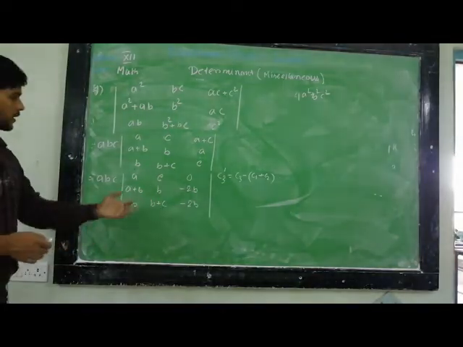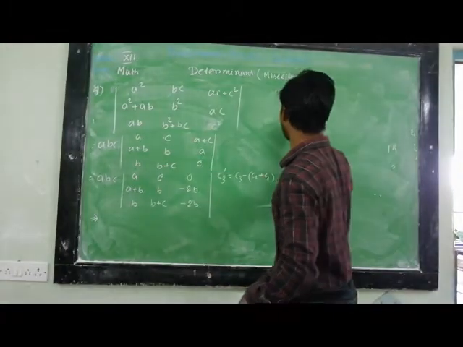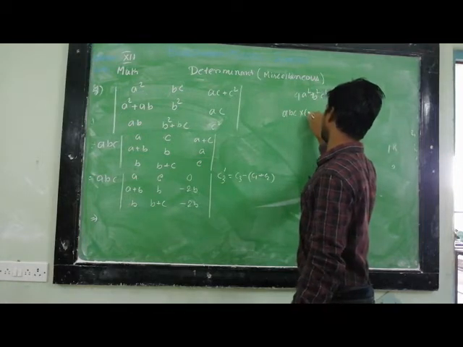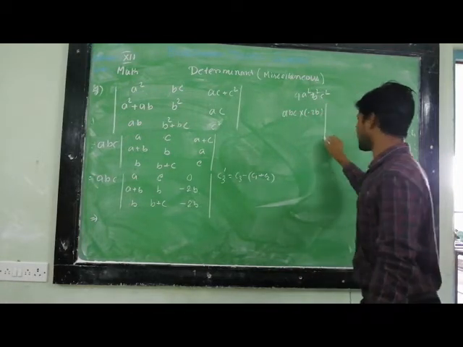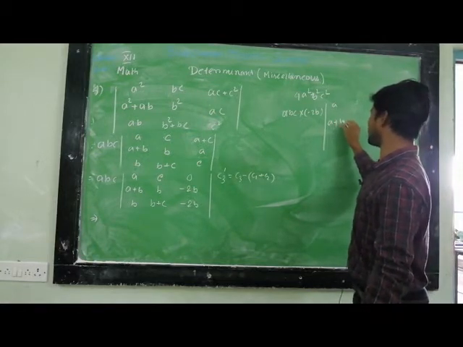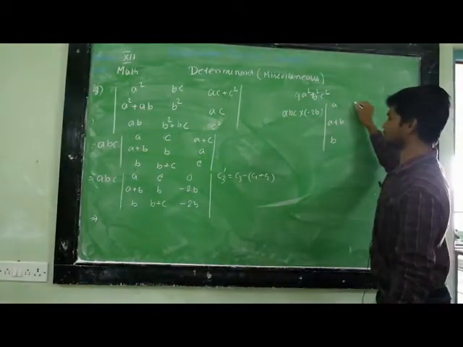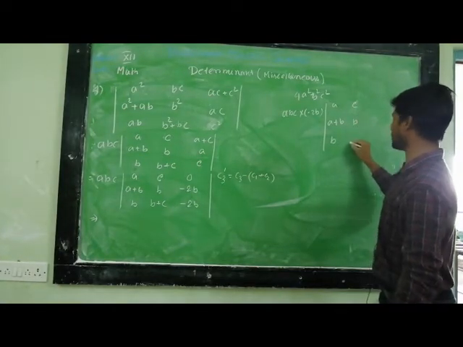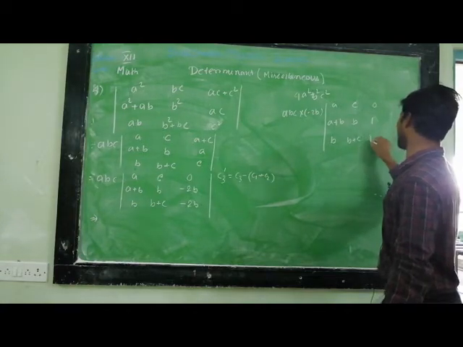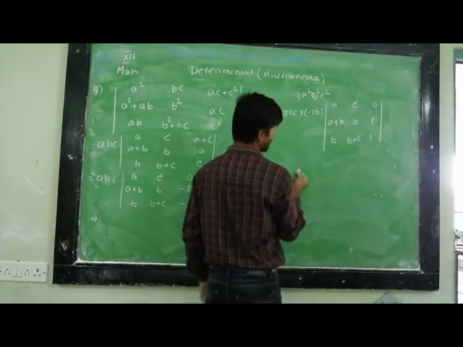So we can take minus 2b common from the second column. If I take minus 2b common from the second column, we have abc into minus 2b, determinant of a plus b, b, then the second column c, b, b plus c, and the third column 0, 1, 1. Okay. Again we are applying an operation.